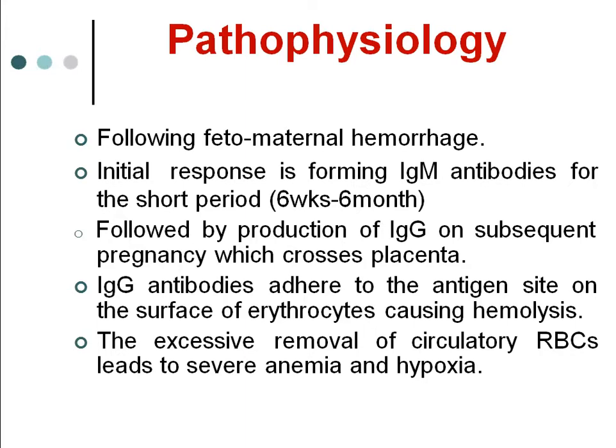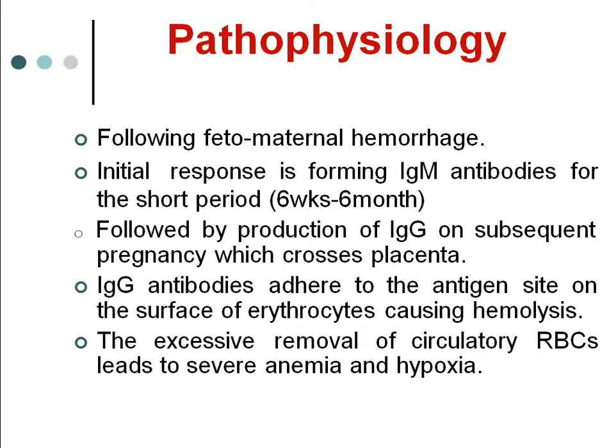Secondly, because immunoglobulin M's molecular weight is much bigger, though these antibodies have been formed in mother, they are not able to go back to the fetus through the placenta. So this remains in mother circulation, and hence baby is not affected. Though mother has made the antibodies, these antibodies are not able to cross the placenta.